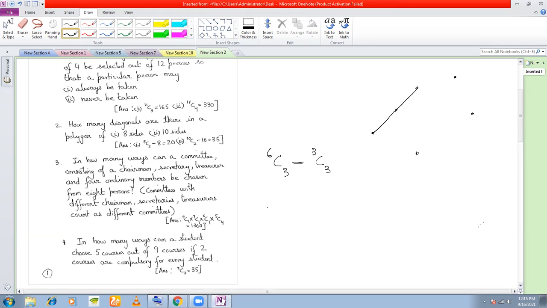Because a triangle you can form by taking 3 points, right? So one triangle you are wasting, right? And 6C3 minus 3C3, this is the number of triangles that you can form. Okay, yes, sir. It was just a variation of this problem.